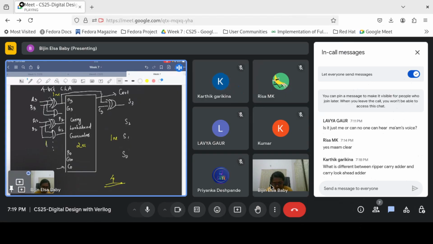So how many gates at the first stage? It will be 32 into 2. And on the output side, you have one XOR gate for 1 bit, right? So if it is 32 bits, you will have 32 XOR gates. Okay.